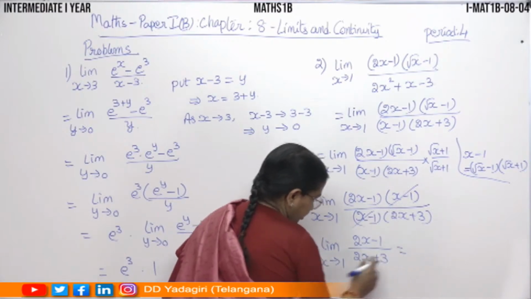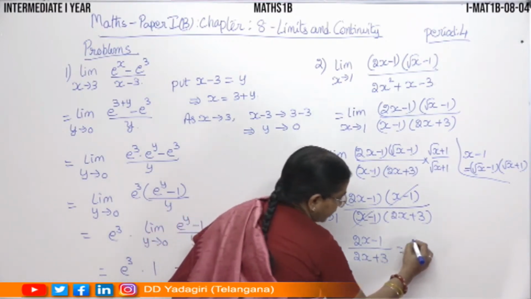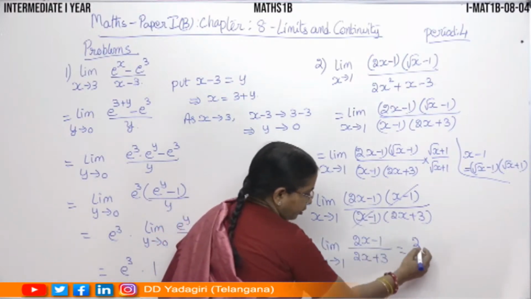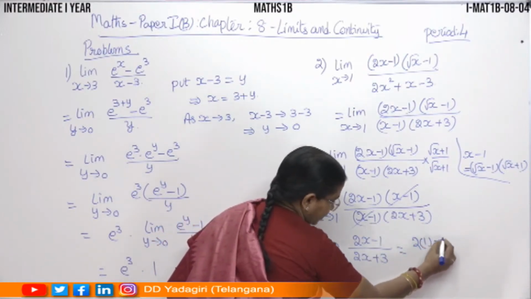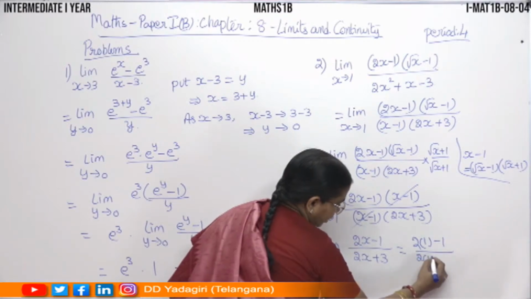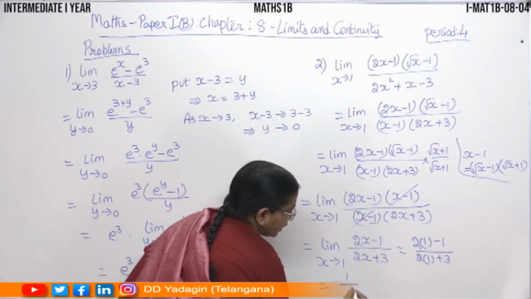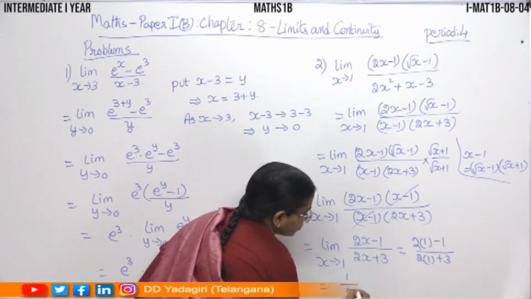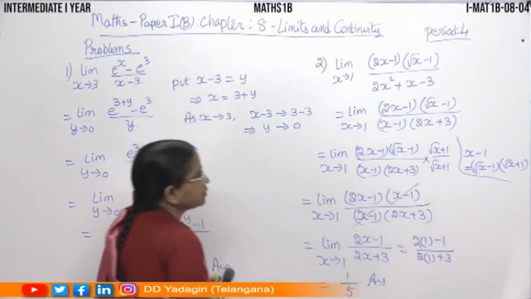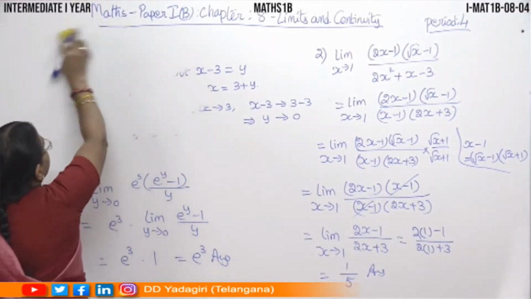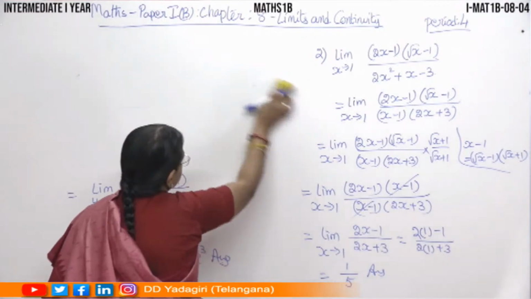Now you substitute 1 here. When you are substituting, you should not write the limit here. So you will write (2 into 1 minus 1) by (2 into 1 plus 3). So 2 minus 1 is 1, 3 plus 2, 5. So 1 by 5 is the answer. So like this you have to do the problems. Okay, next problem.